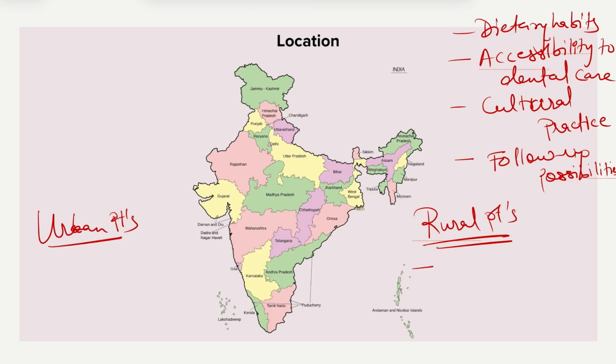Location also affects the feasibility of recall appointments and long-term maintenance. Also, some endemic disorders like fluorosis are confined to certain locations, and people from that locality may want characterization in their teeth for a natural appearance.